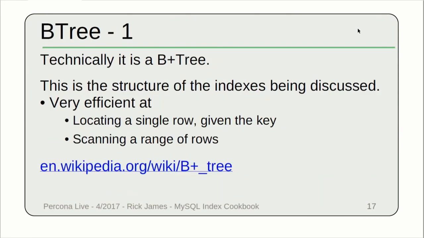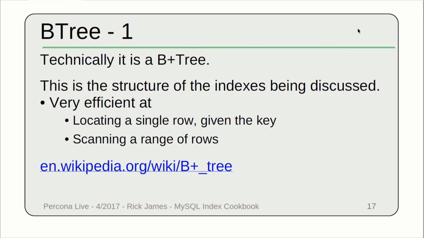A B-tree. Look in Wikipedia for B-tree or B+ tree. It describes it pretty well. There's the link. It is very efficient at locating a single row, given that you have a key, or a range of rows based on those keys. Hash is a competing index format.